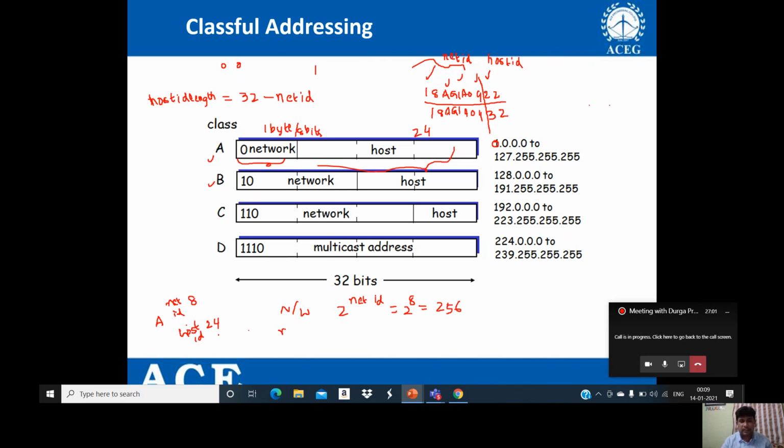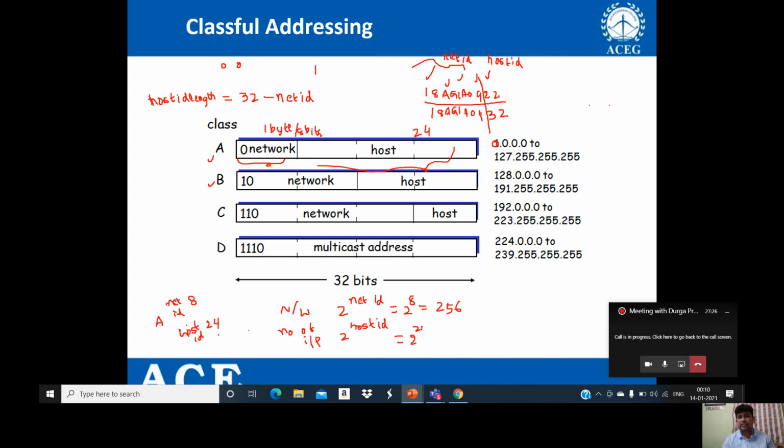So in class A, totally you can form 256 networks. The number of IPs in each network is given by the formula 2 to the power of host ID length. In class A, the host ID length is 24, so we get 2 to the power of 24.